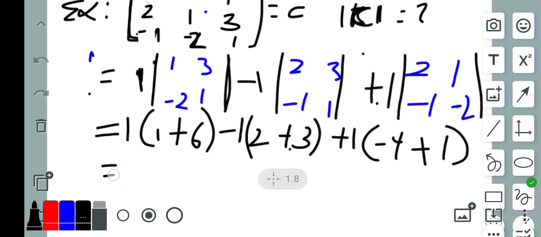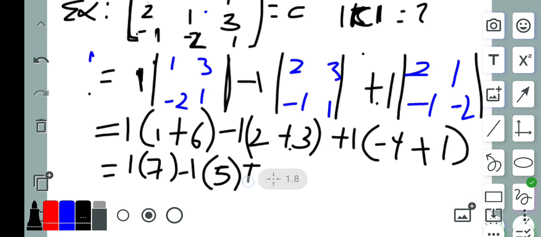So from here we have 1 times 7, minus 1 times 5, plus 1 times minus 3.